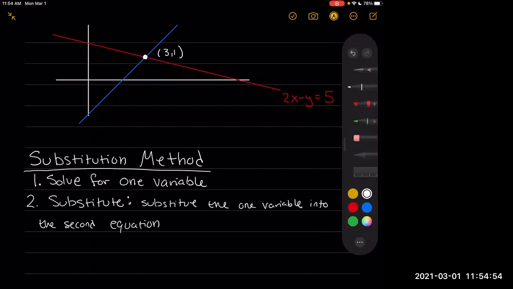And solve for the second variable. I'm just going to put var for variable. I'm going to underline some things too. Okay, and then our third step is we're going to back substitute.